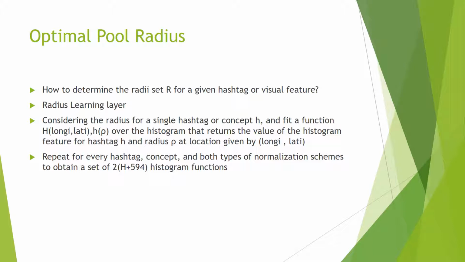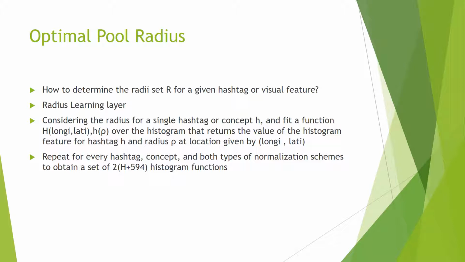Optimal pool radius. As mentioned with the hashtag and visual context, we use a radii set R, and not any set would be informative. A difference of a few kilometers may be an important indicator for some of the more rare hashtags or concepts. To obtain the optimal pooling radius, a CNN model is used to construct the layers automatically, also called a radius learning layer.